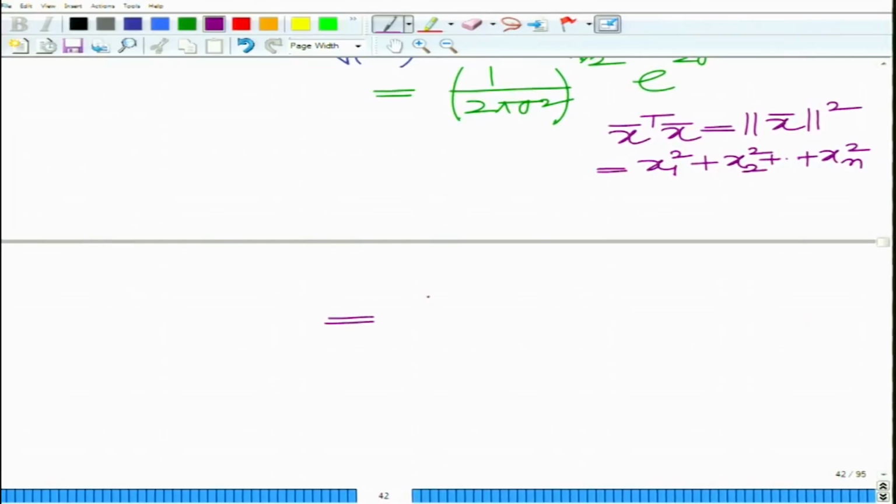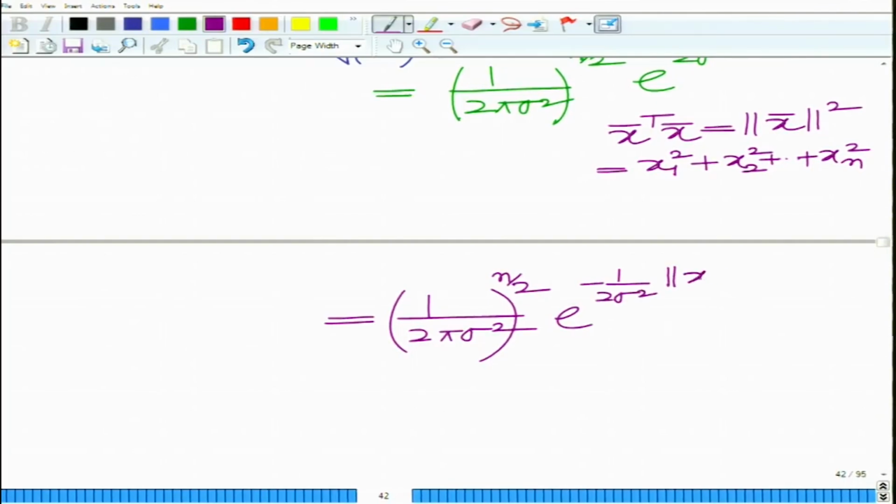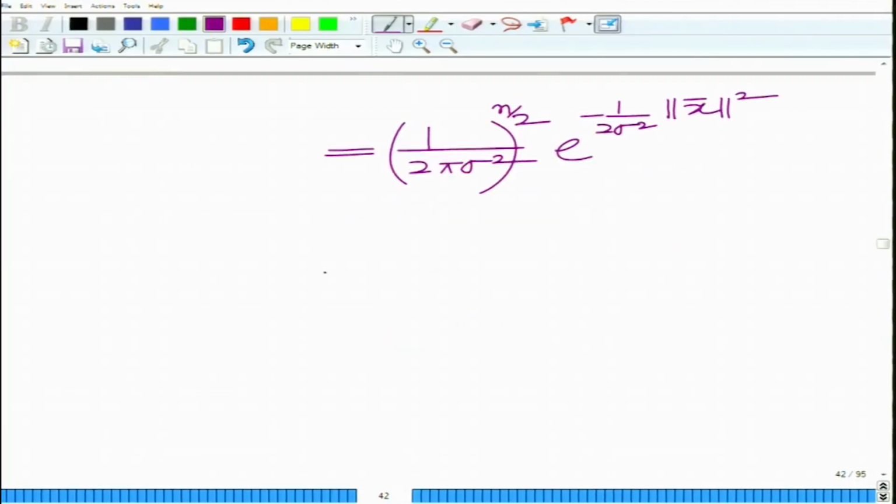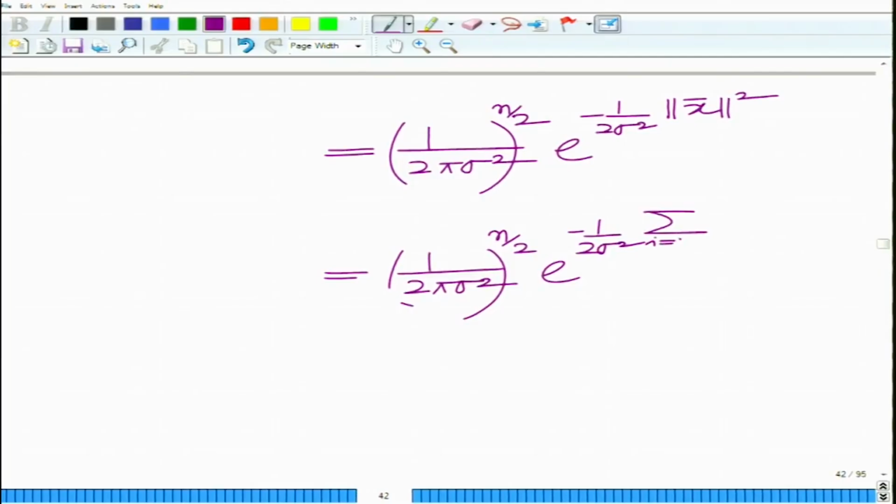Therefore, this is also equal to 1 over 2 pi sigma square to the power n by 2 times e raised to minus 1 over 2 sigma square norm x bar square, and this is also equal to 1 over 2 pi sigma square to the power n by 2 e raised to minus 1 over 2 sigma square summation i equal to 1 to n x i square.